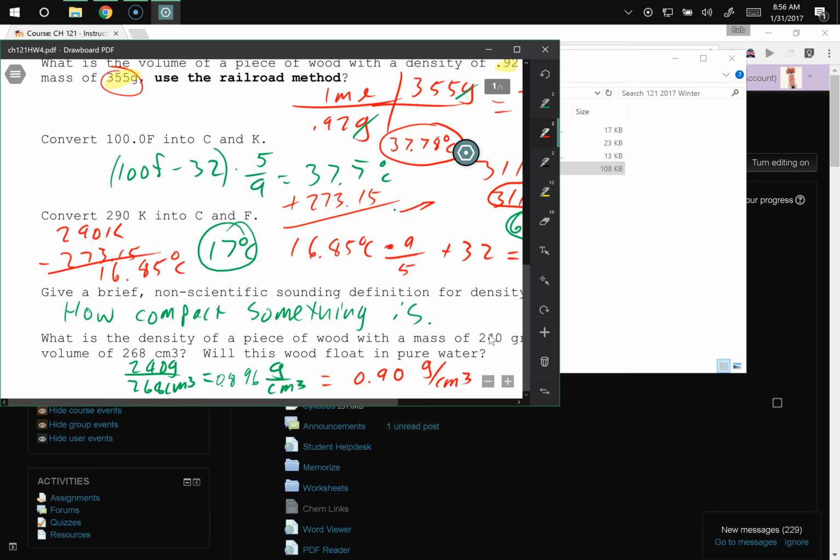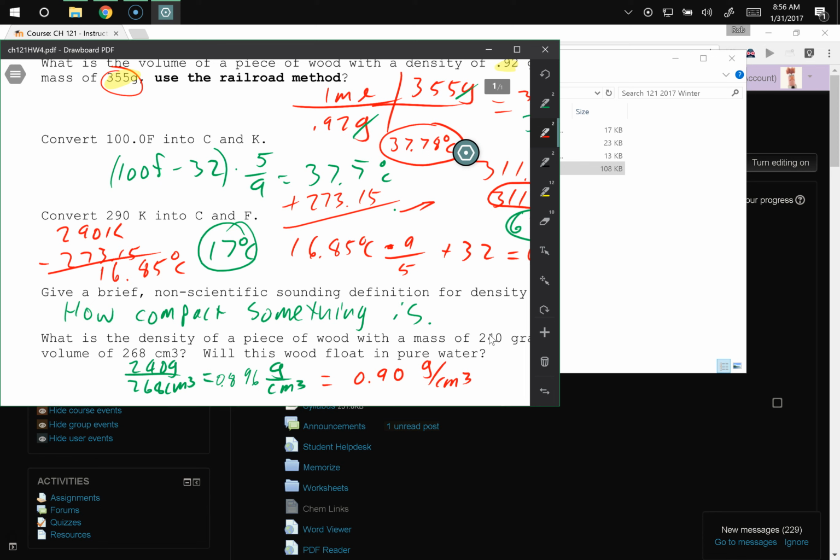So that first 0 doesn't mean anything. The 9 is significant. And why did I have to write the second 0? Because I had to round that 9 from the 0.896. I needed to round that up, and I needed to still show that I had 2 significant figures. And so writing that 0 after the decimal place, after a number, is showing me 2 sig figs. Okay.